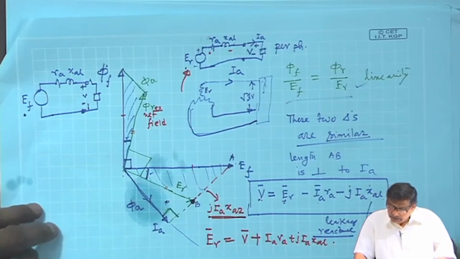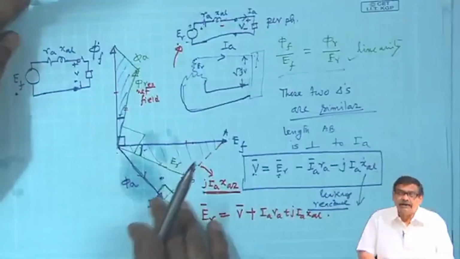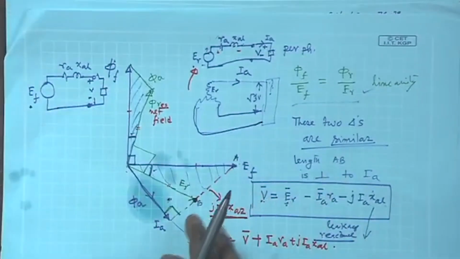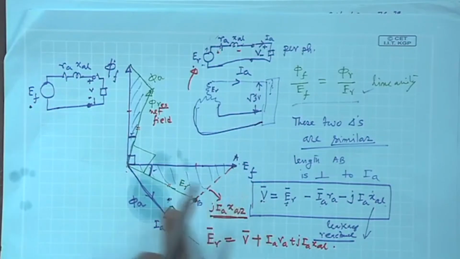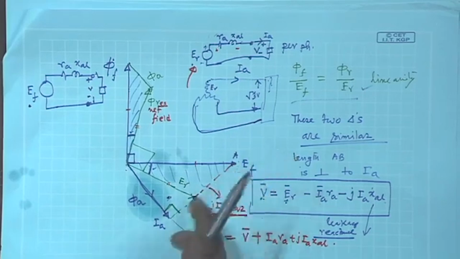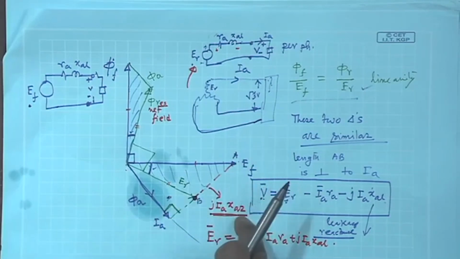So, the picture now looks like this: instead of dealing with E R, we will be dealing with E F, which can be obtained by considering this change in voltage from E F to E R as a reactance voltage drop.